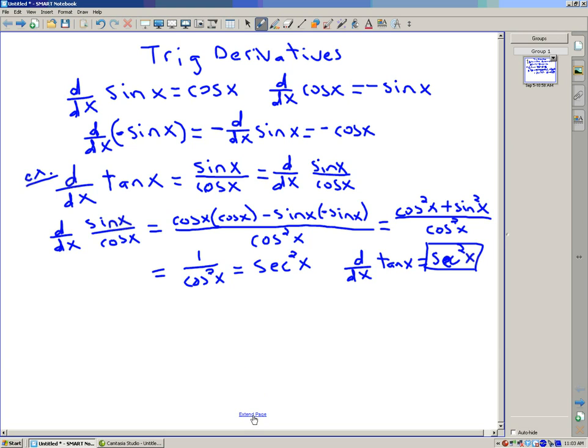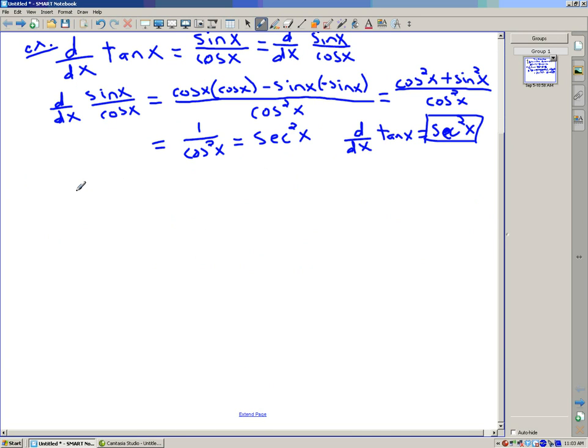Okay, let's extend the page here and do 2 more. We are going to find now the derivative of cosecant of x. And again, I'm going to write this as a quotient. Cosecant can be rewritten as the reciprocal of sine, so cosecant is 1 over sine.